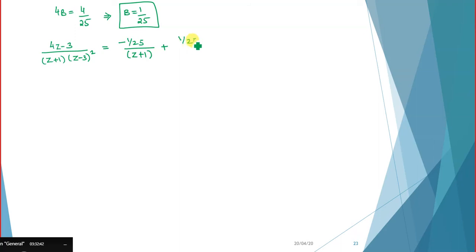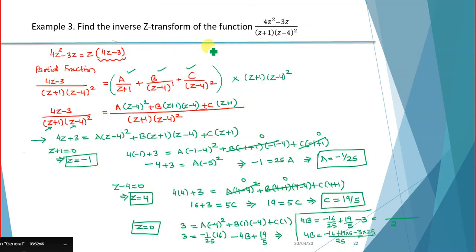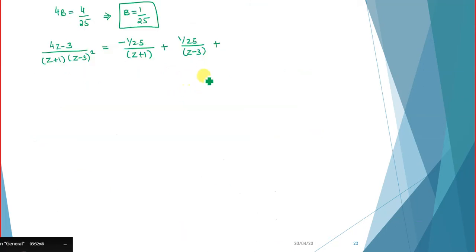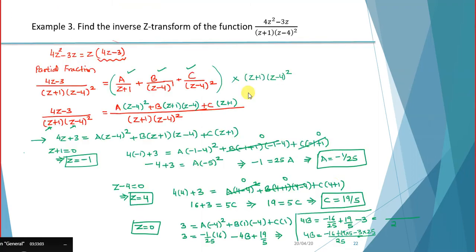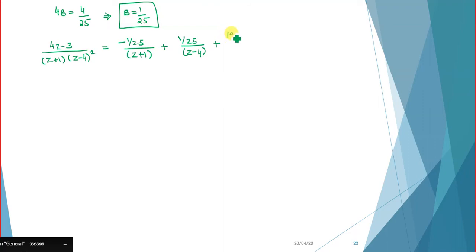which is 1 over 25 z minus 3, plus, oh sorry, it is z minus 4, not 3, here it's 4, z minus 4, and the value of c is 19 over 5, 19 over 5 z minus 4 power 2.